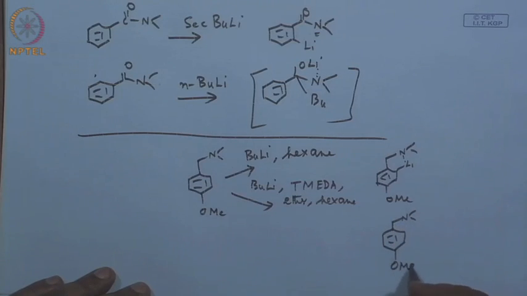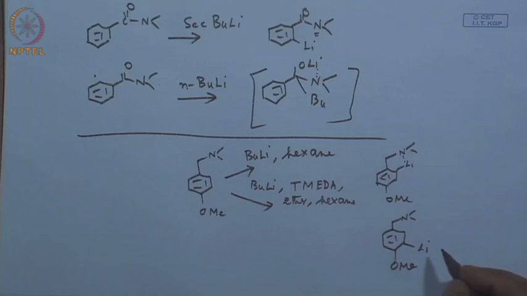In this case, apparently, and it is very difficult to say, this is actually due to acidity, because oxygen is more electronegative and adjacent to it, and there is a possibility, and of course the coordination is there, but this may not be undergoing intramolecular coordination.